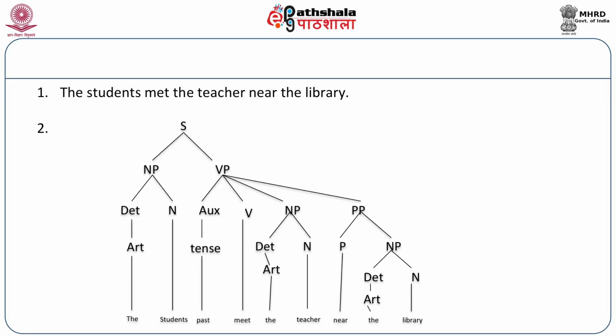The noun phrase has again two constituents, a determiner, which is an article, the, and N, students. And then within the VP we have an auxiliary, which is tense, but there is no other auxiliary verb. And then we have the main verb meet, which is followed by a noun phrase, which has again two constituents, an article, which is a determiner, the, and a noun, which is teacher.